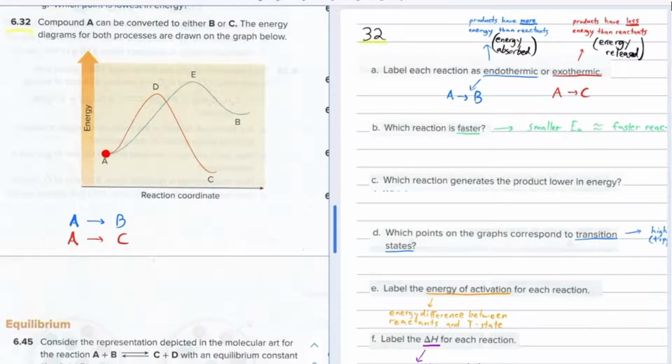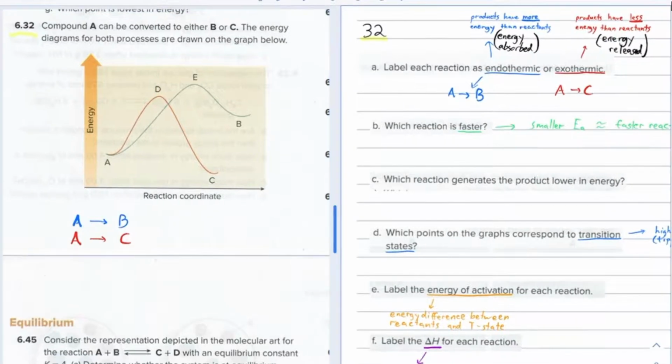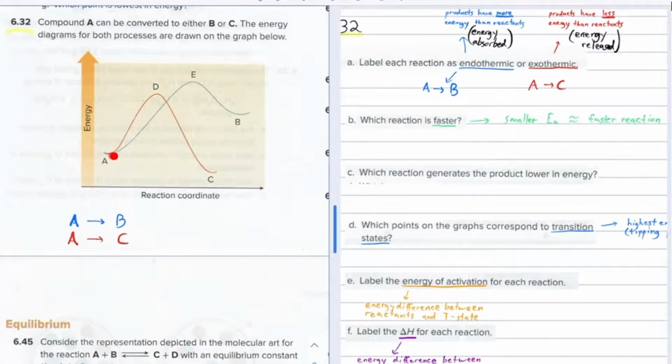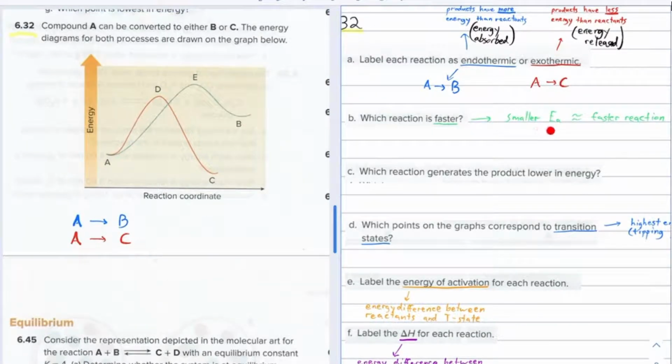The difference in energy between the reactants and the top of the hill, which is called the transition state, is called the activation energy. The smaller the activation energy, that's the energy difference between what you start with and the top of the hill, the smaller that barrier, the faster the reaction.